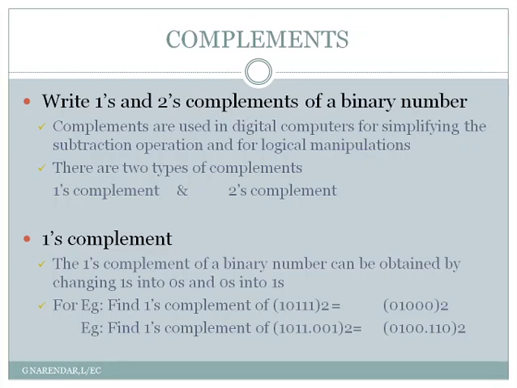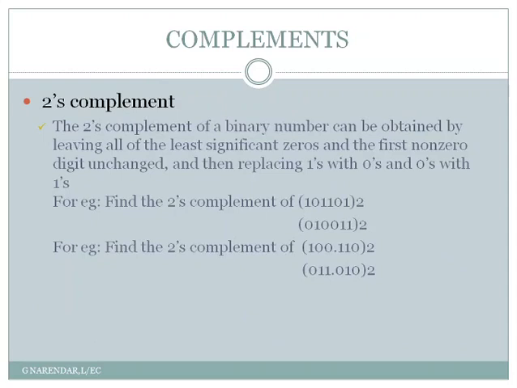Next we'll see how to write the other complement, that is two's complement of a binary number. The two's complement of any binary number can be obtained by leaving all the least significant zeros as they are, and the first non-zero digit as it is, and then replacing ones with zeros and zeros with ones.